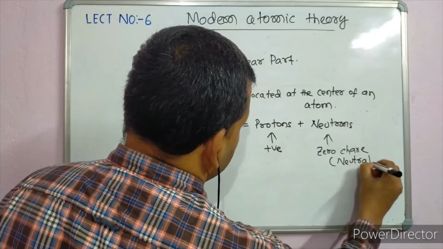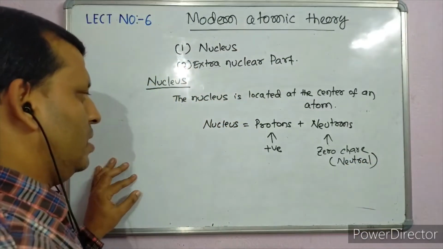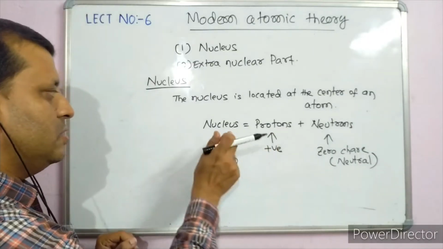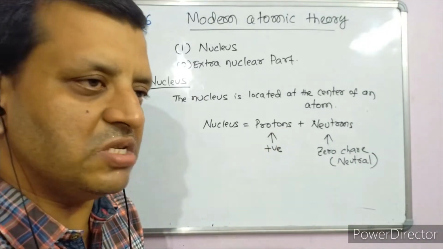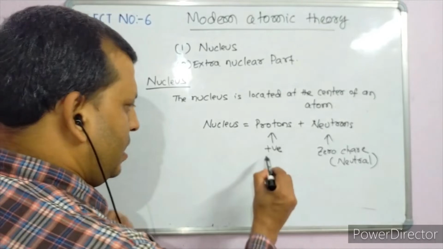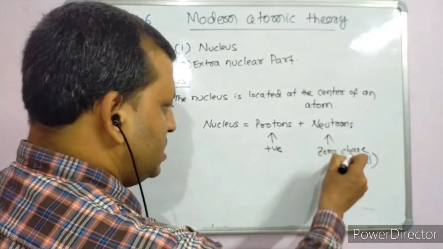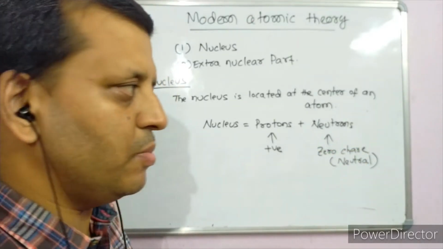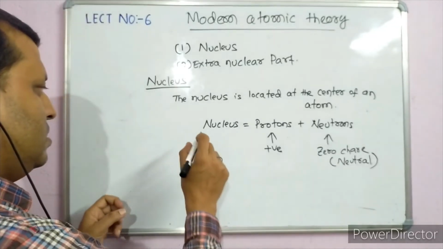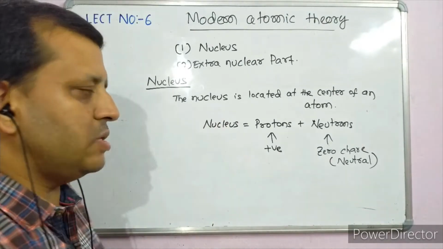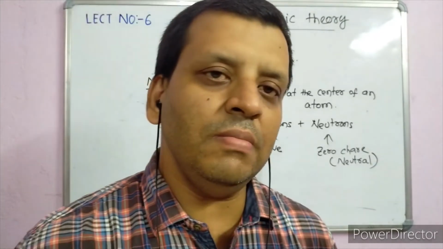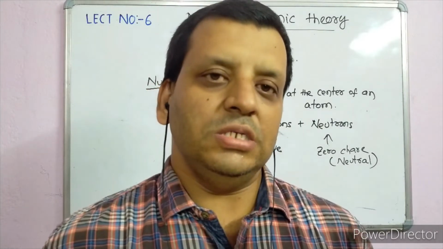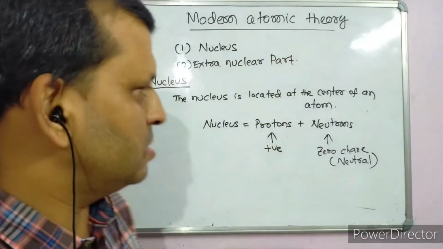Something which is neutral does not have any charge. So the net charge of the nucleus is always positive, because if we add a positive number with 0, we get that positive number only. So our nucleus is located at the center of the atom and it is positively charged.